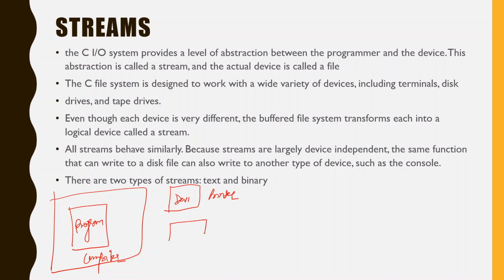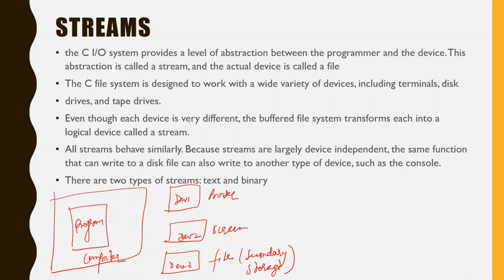Output device 2 can be your desktop, or I can say the screen. And there can be another device, which is your file on the secondary storage. This is also taken as device 3.